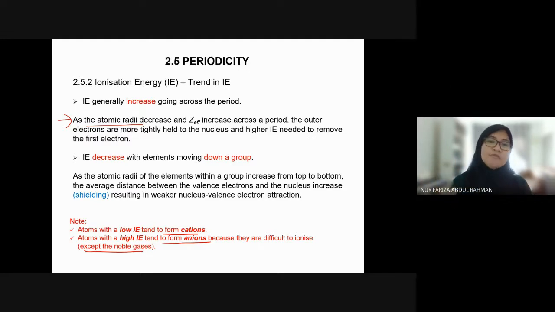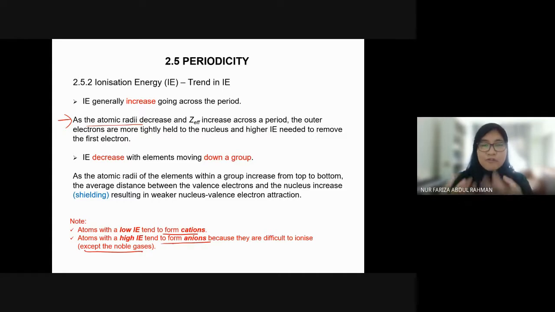Terlampau susah nak remove the electron. Okay, so instead of removing, why not accept electron? Okay, dia still boleh achieve the stable electronic configuration macam noble gas. Okay, that is why anion, group 15, 16, 17, they prefer to accept electron rather than to remove electron.